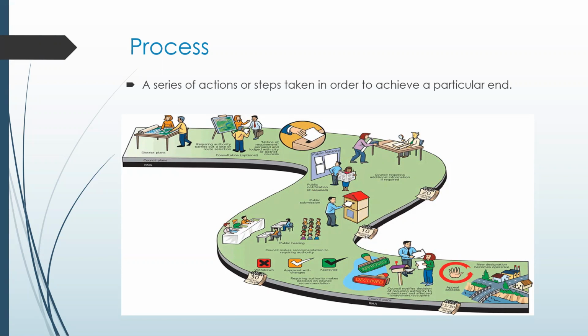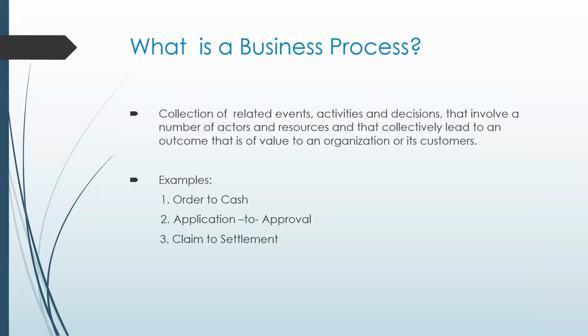Good. Now, what is a business process? Let me read it. A collection of related events, activities, and decisions that involve a number of actors and resources that collectively lead to an outcome, which is of value to an organization or its customers.